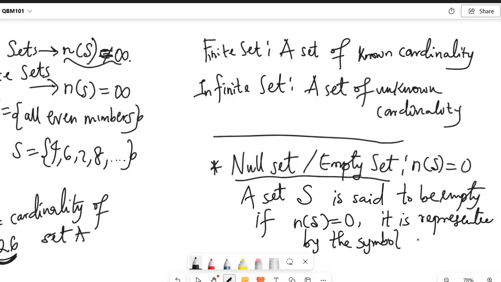Now this is very important. If you say phi, we understand that you're talking about an empty set, or you put a curly bracket with nothing inside. Either one of these could represent an empty set, but you can't use the two together.